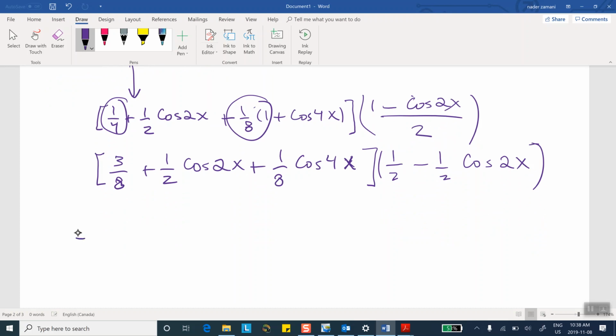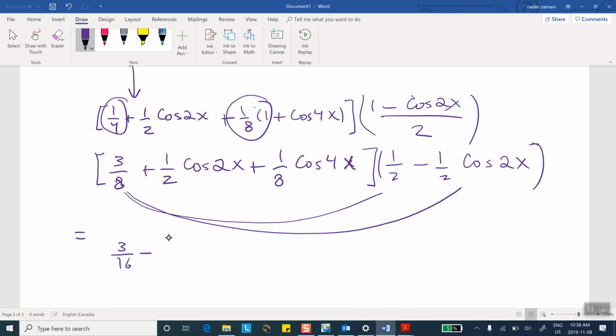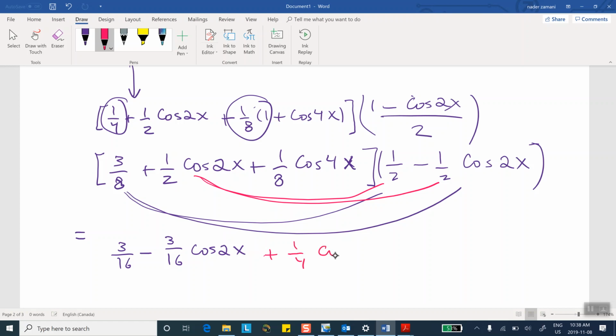Okay, so this is equal to, you multiply these out. Let's do it like this. This times that: 3 over 16 minus 3 over 16 cosine of 2x. And then we do this times this, so plus 1/4 cosine of 2x minus 1/4 cosine of 2x quantity squared.